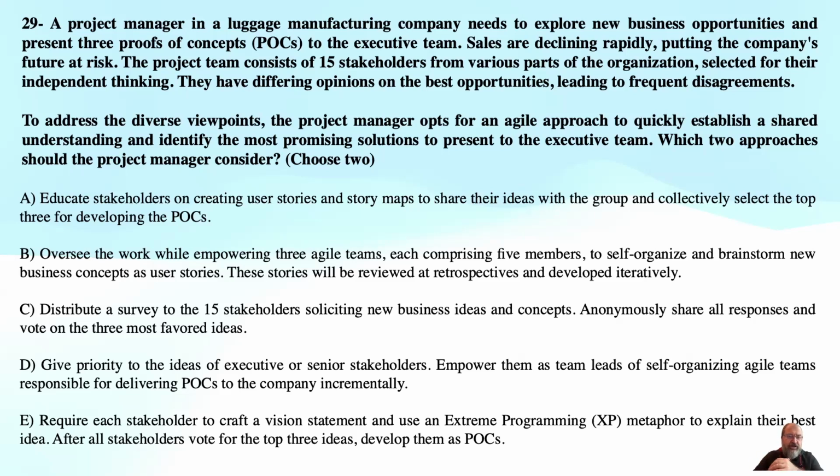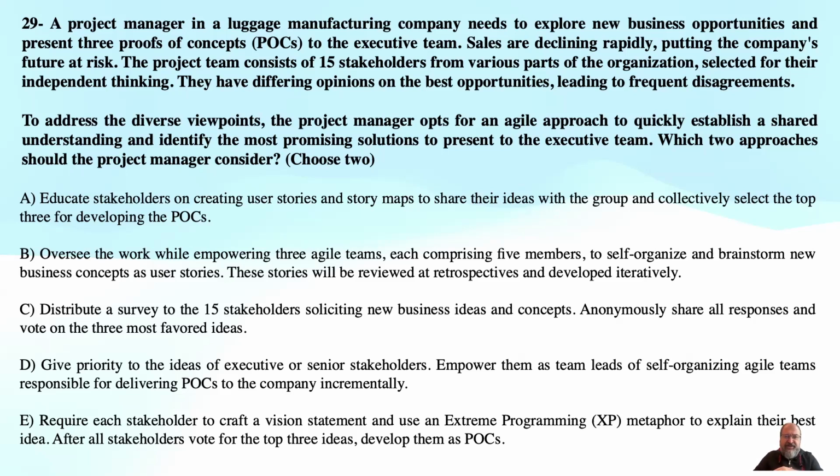Other options are incorrect because of option Charlie: while this approach gathers a wide range of ideas, it lacks direct collaboration and discussion among stakeholders. It may not lead to a deep understanding or evaluation of the concepts.